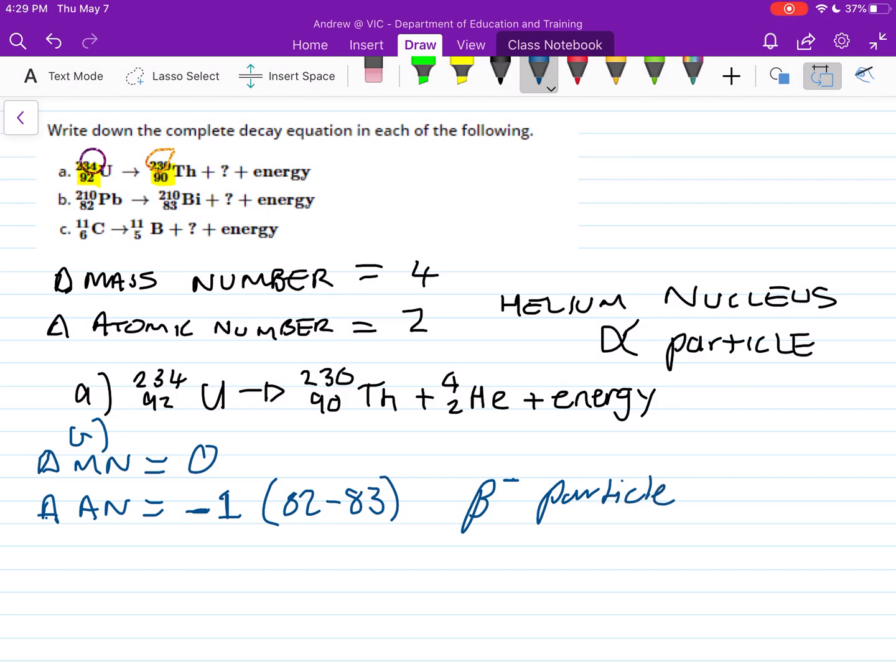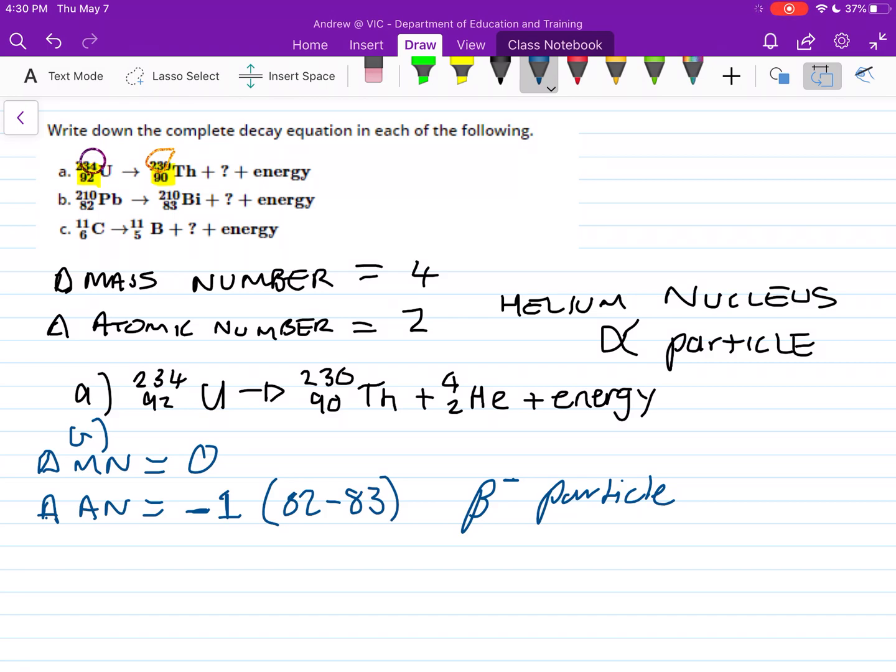It's not an alpha because the mass number remains constant, and the atomic number has increased, indicating that a proton has been formed. So this is our beta minus decay.